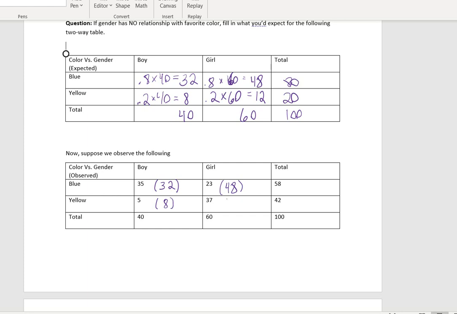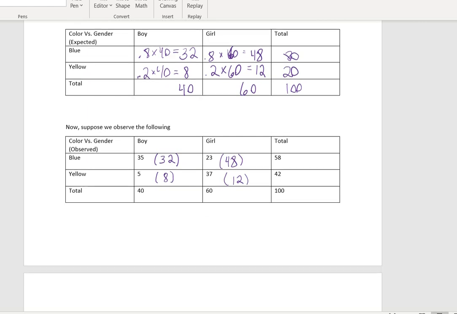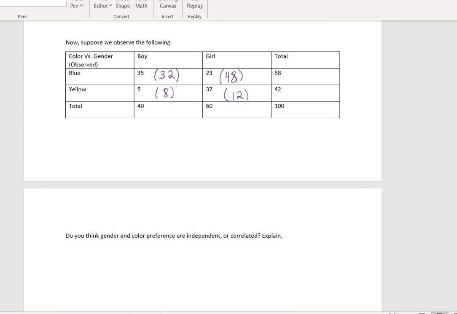And for yellow, I saw 37 when I should have only seen 12. So here's the deal: these numbers that I expected versus the numbers I observed, at least for girls, are very far away. So I think that maybe gender and color aren't independent, maybe they are dependent.